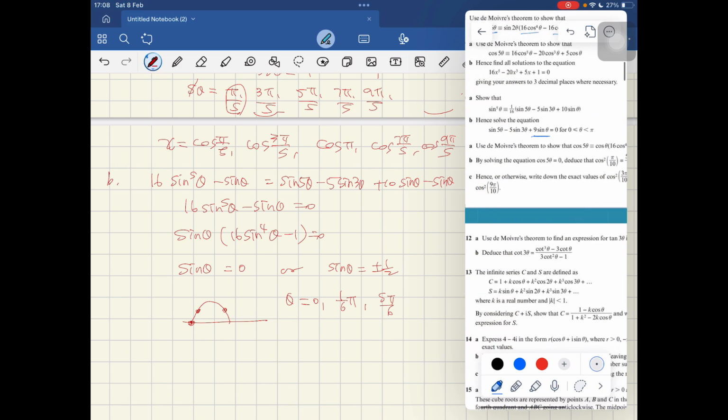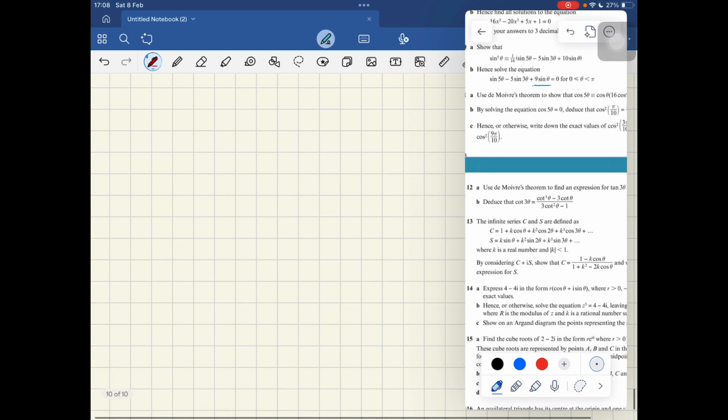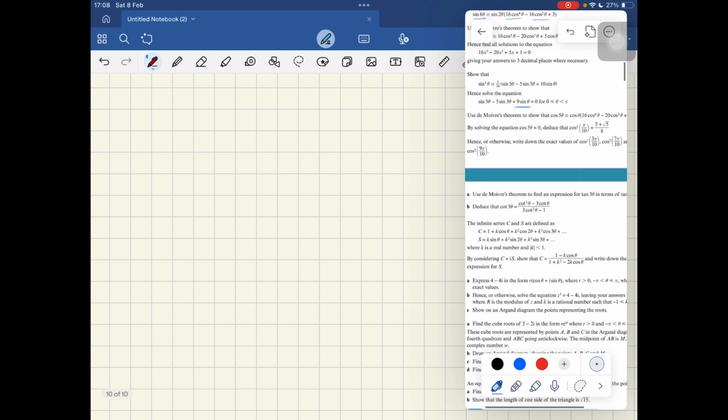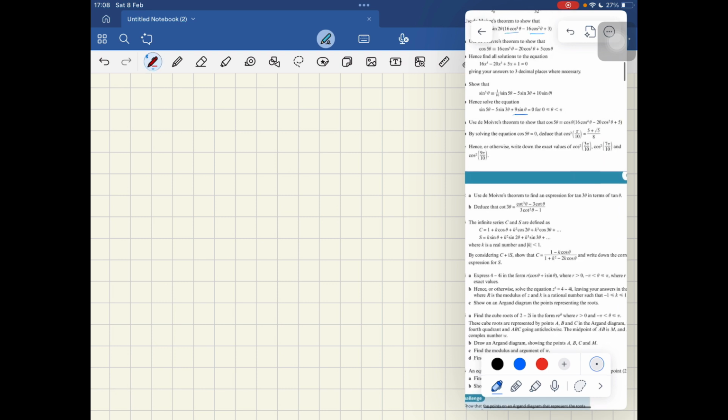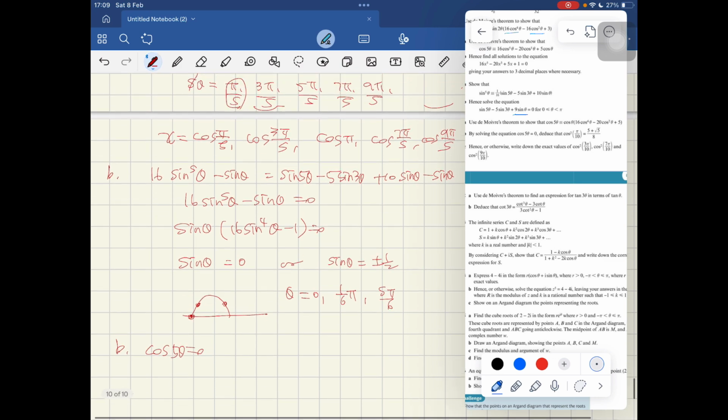And number 11. Yeah, again, repetitive, so let me do part B, solving the equation. Cos 5 theta becomes 0. I think I found it.